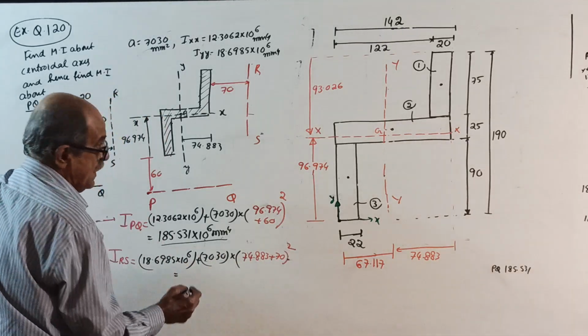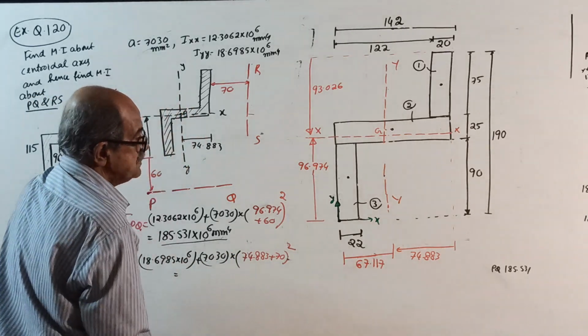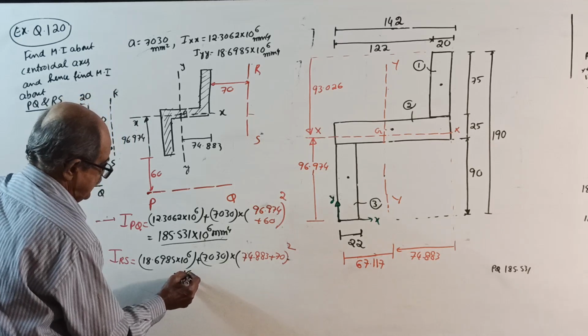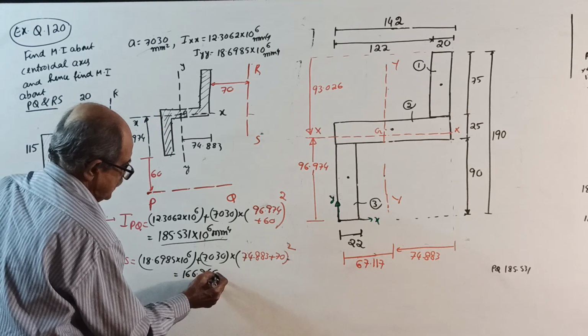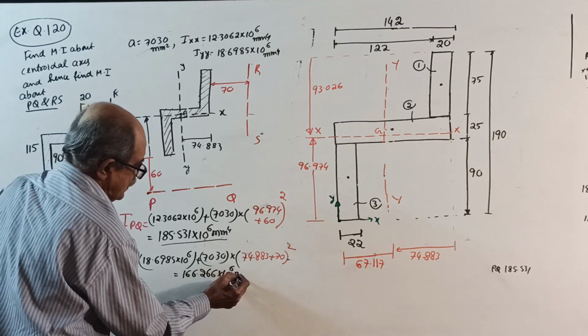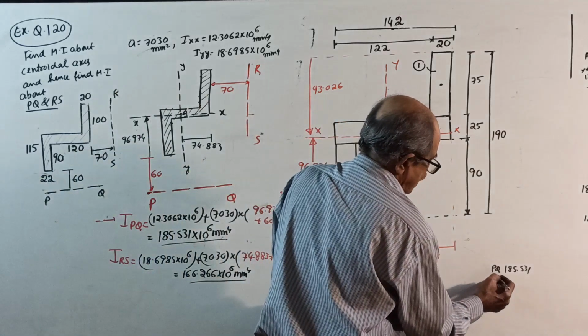This also I calculated. RS: 166.266 into 10 to the power 6 millimeter power 4, I got. I'll make a note here. RS I got how much?